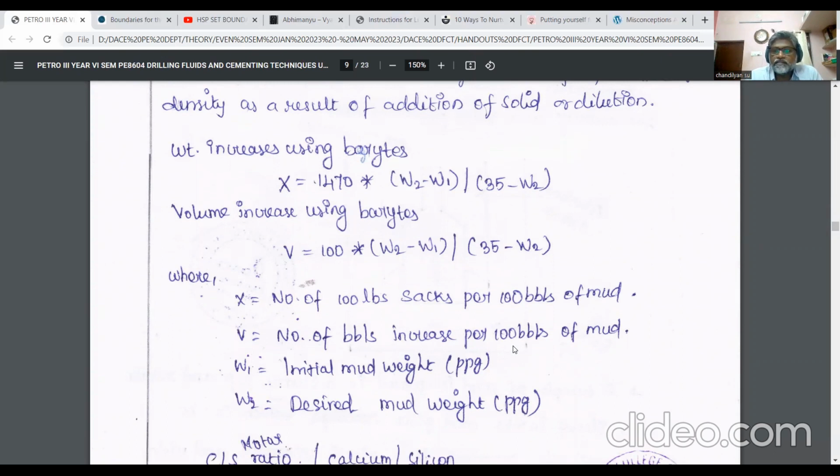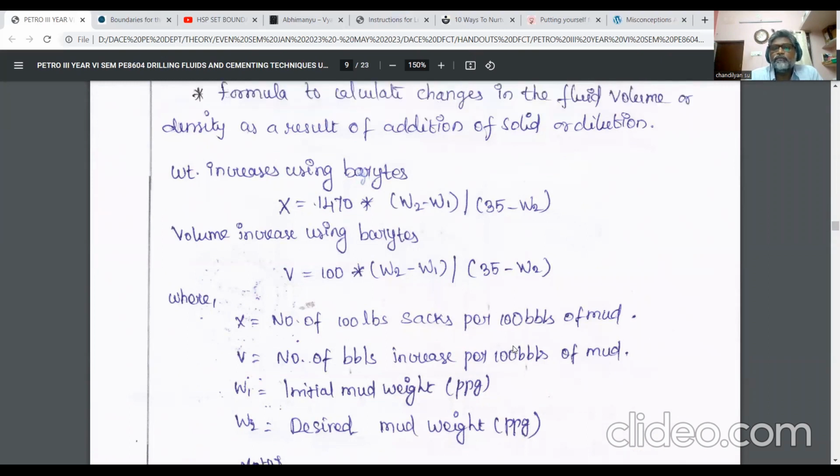We know cement bags are available in standard sizes, for cement or any powdered material. So for drilling mud, if you are taking barite, the chemical BaSO4, barium sulfate, then one standard bag is called a sack.